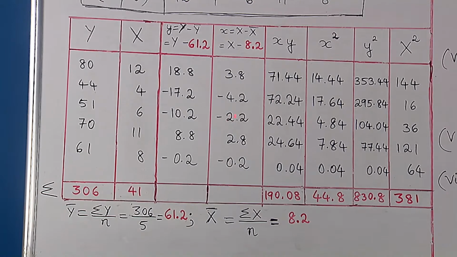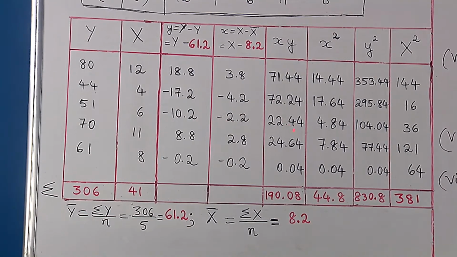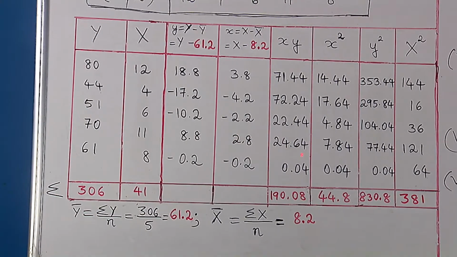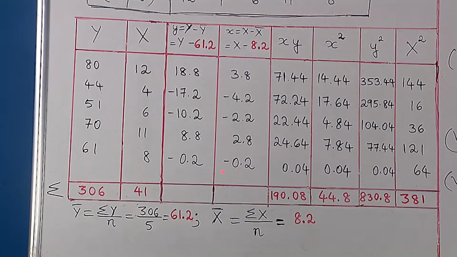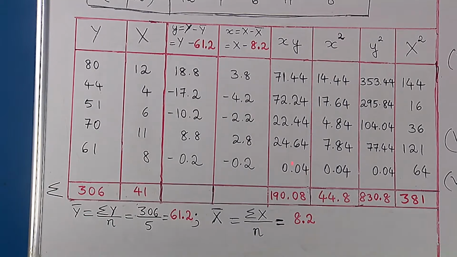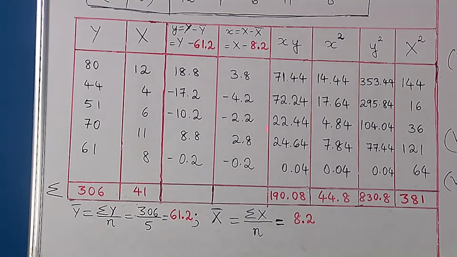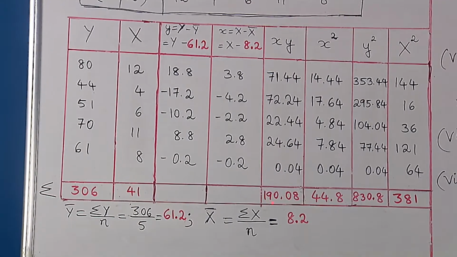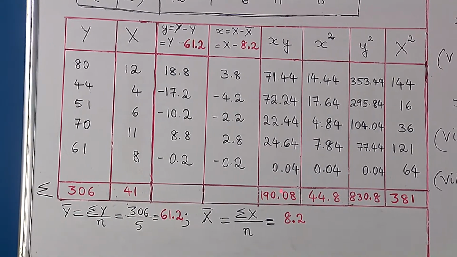Following, minus 2.2 into minus 10.2 gives us 22.44, 2.8 into 8.8 gives us 24.64, and lastly minus 0.2 into minus 0.2 gives us 0.04. The next step is the sum total of all small x y, and when we total up, the answer comes to around 190.08.